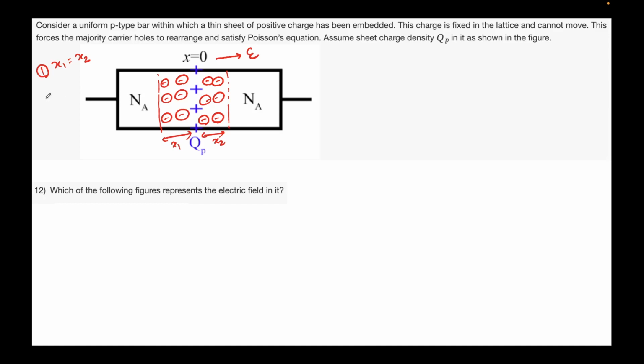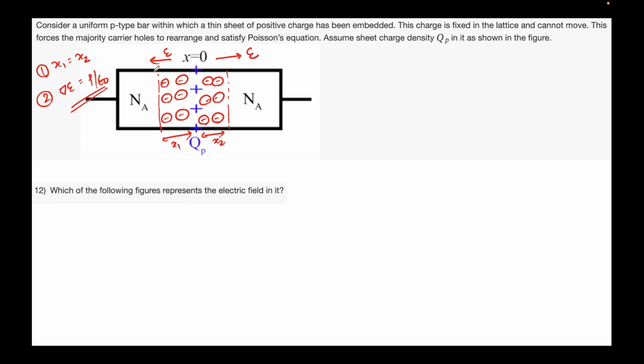Second thing I notice is that the electric field direction will be something like this. In the right half, it will be towards the right, so it has to be positive. And if you solve Poisson's equation, since we have now drawn the charge profile, you can mathematically obtain that this has to move towards the right and this has to move towards the left.